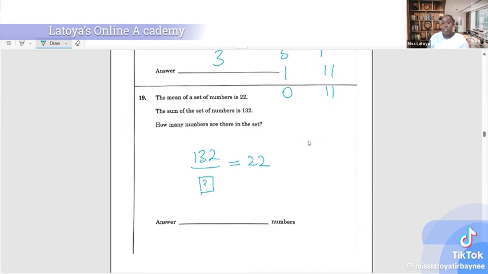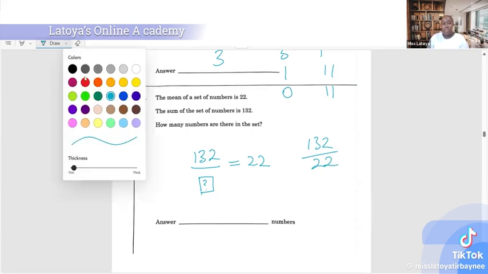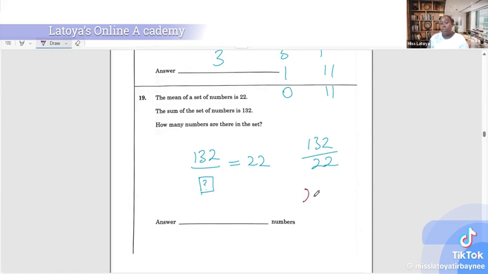So to get this, we simply have to divide 132 by 22. Of course, if you're unable to do short division, you can do long division. How many times could 22 go into 132? The answer is 6. But if you don't know that, then you'll have to do long division.